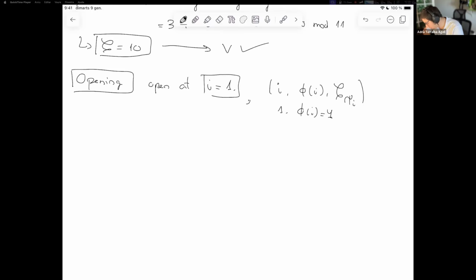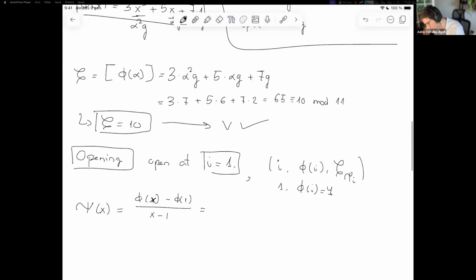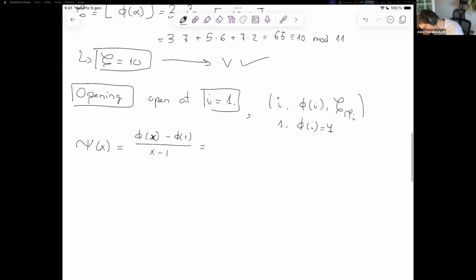Perfect. And now we need to compute this psi of x. I recall you that psi of x has this expression: phi of x minus phi of 1 divided by x minus 1. Our polynomial was 3x squared plus 5x plus 7, right?